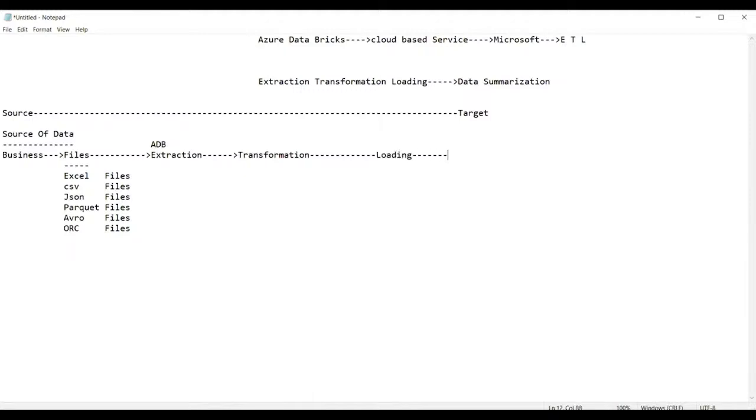Loading means the final data, whatever you have, will be transferred to the destination. That is called the target, or we can say destination.